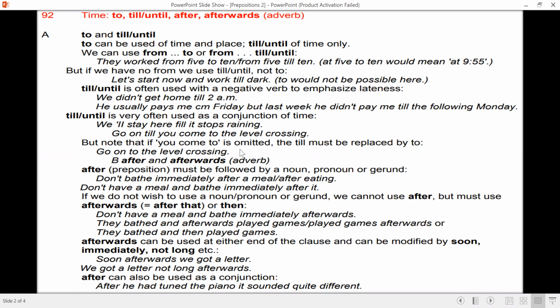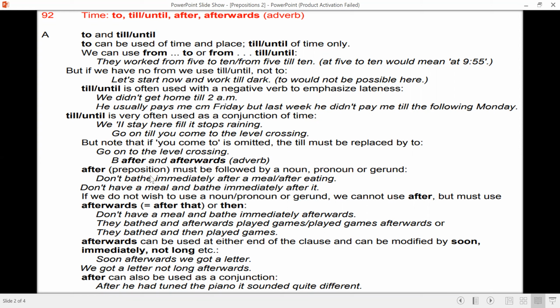After and afterwards are the next prepositions, but here we will also discuss them as adverbs as well. After, as a preposition, must be followed by a noun, pronoun, or gerund. All right. Whenever you use after as a preposition, you will use a noun or a pronoun or a gerund after that.